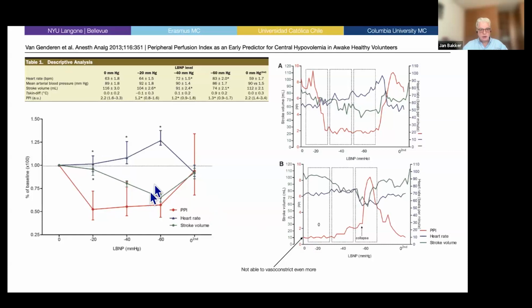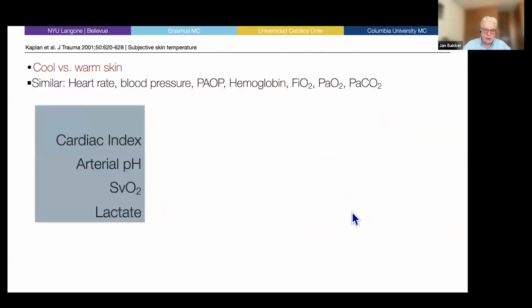Then we decreased his stroke volume by increasing the lower body negative pressure, and he collapsed. He lost consciousness. And so what you can see is this is reperfusion. After we reperfused, so removed the negative pressure, there was a bump in his cardiac output. He had a rapid improvement in the peripheral perfusion, and then came back to his baseline state.